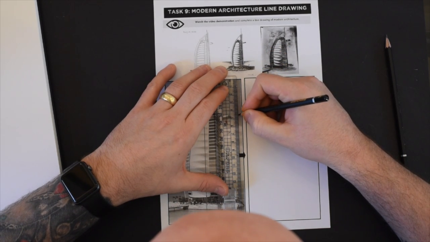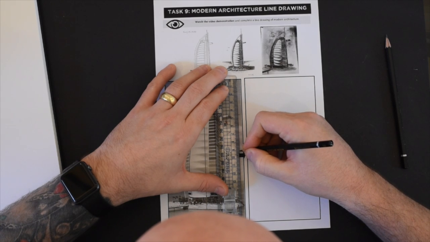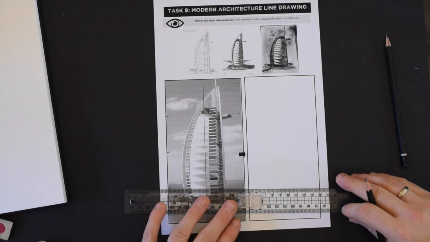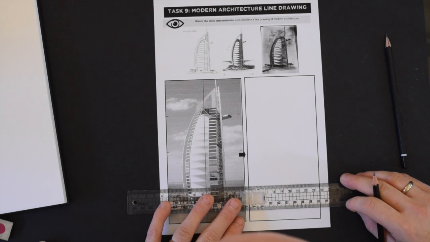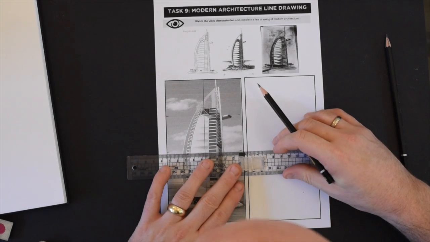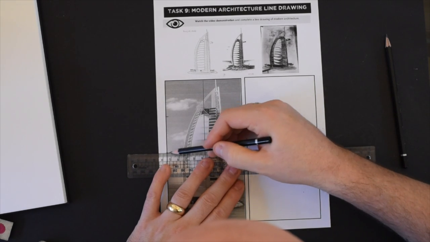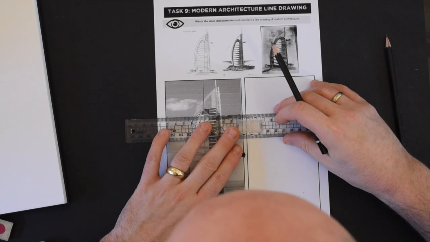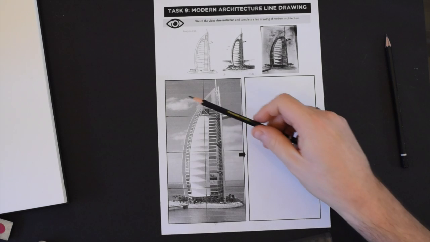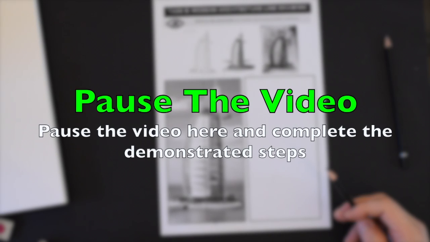So 4.5, 9, 13.5. And then using horizontal lines, you're just going to draw that all the way across, so that you've now gridded up your source image with even measurements. Okay? So pause the video here and grid up your source picture.